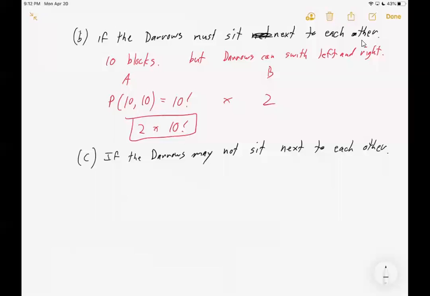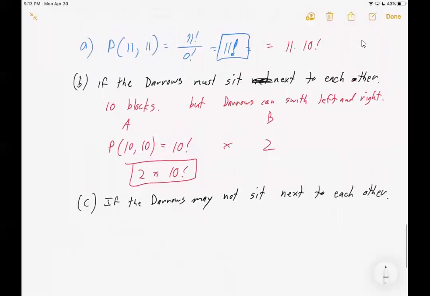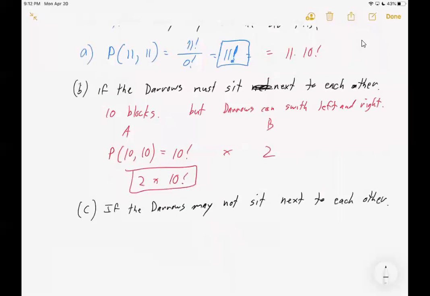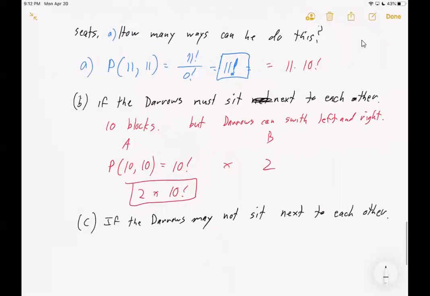So how do we tackle this? Well, this is really like part A and part B put together. If you look at part A, it has all of the ways that students could be seated, but part B is all of the ways that the Darrows would be next to each other.